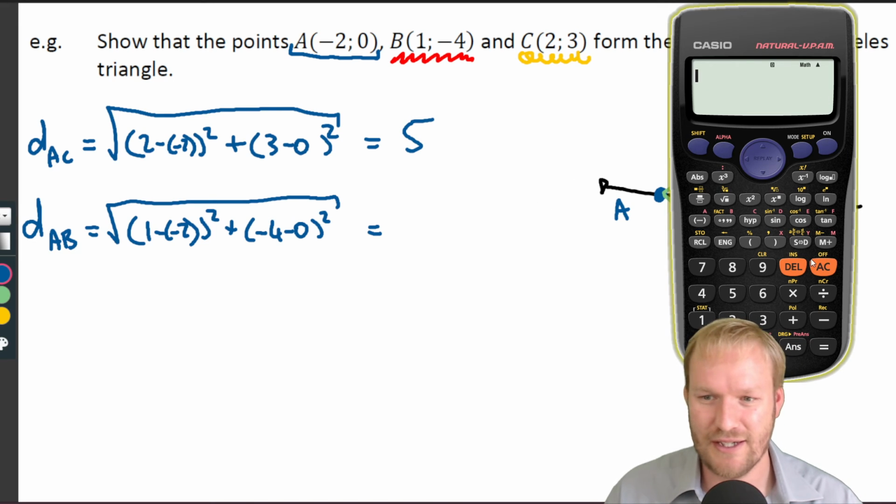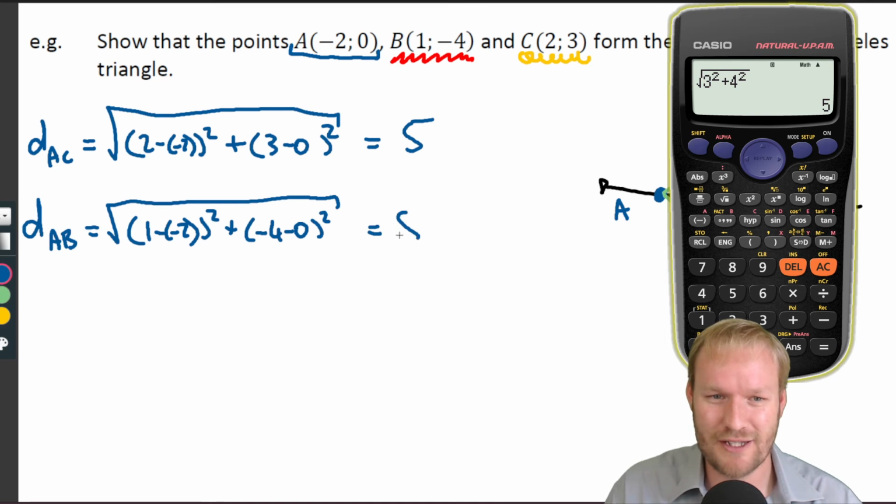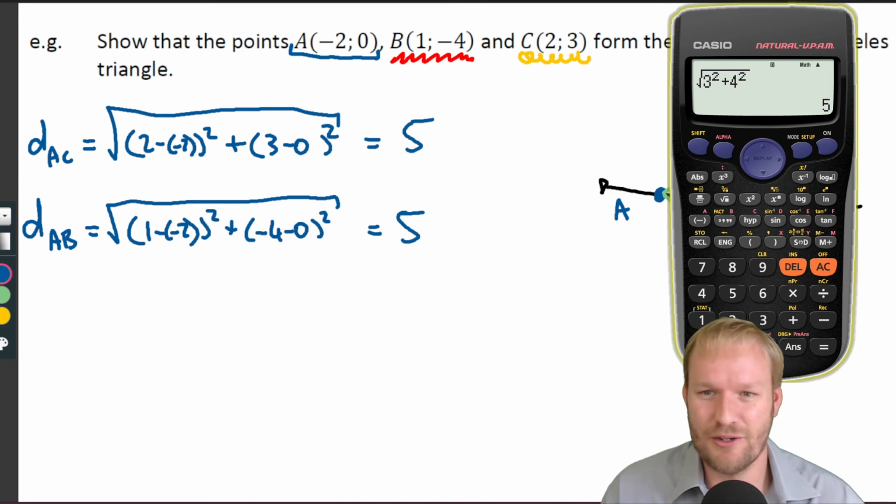And then let's do the same. Maybe think why I'm pausing. Why am I not working out the other one just yet? Square root of 1 minus -2, 3 squared, plus 4 squared. Again, maybe you can preempt. Maybe we didn't need the calculator after all. Well, that's 5, so I don't need to work out what BC is.